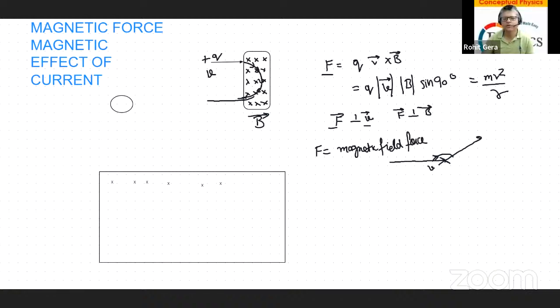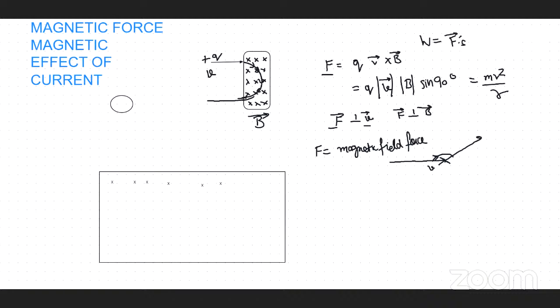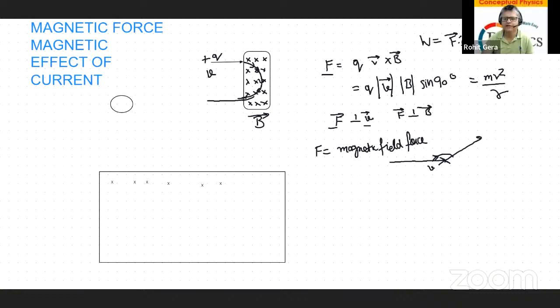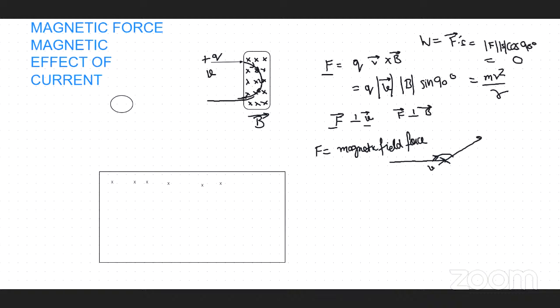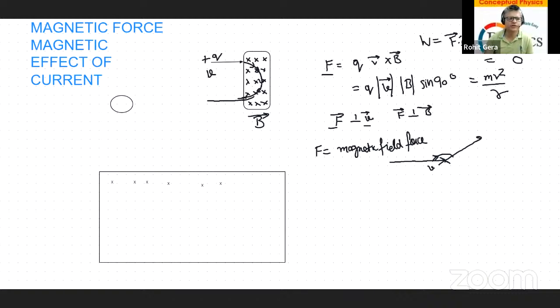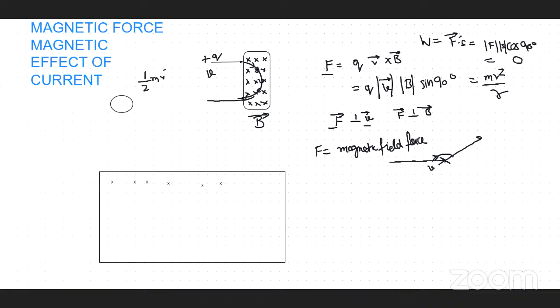I told you, work is done when the force and displacement have an angle. So if the angle is 90, the work is 0. In a circular motion also, if you notice, your kinetic energy is always half mv square, where m is the mass of the charge.